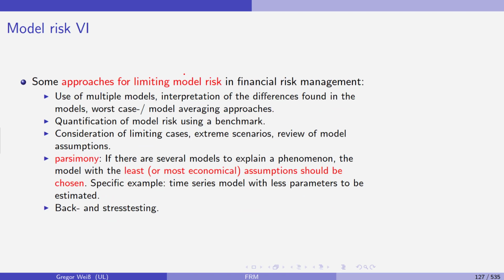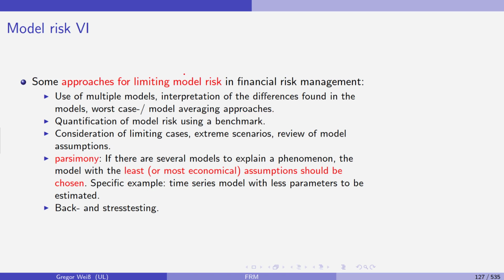First of all, use multiple models. Use more than just one model and try to interpret the differences. Look at worst case, best case scenarios. Use a model averaging approach. So you take different models and you take the average. You try to quantify model risk using a benchmark. You can consider limiting cases, extreme scenarios, and stick to the concept of parsimony.